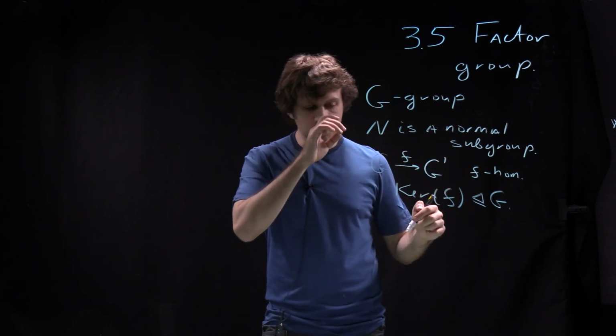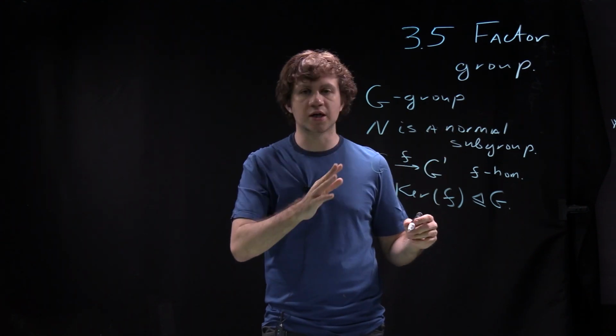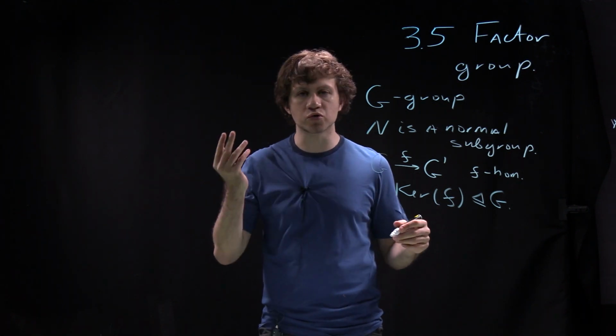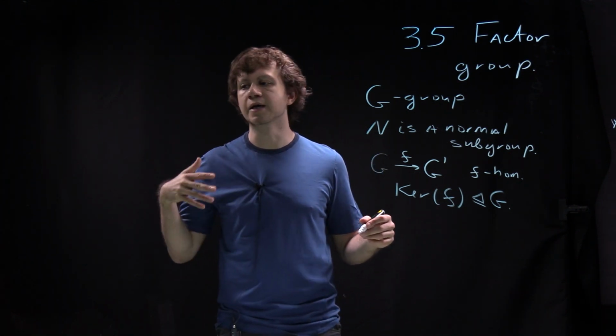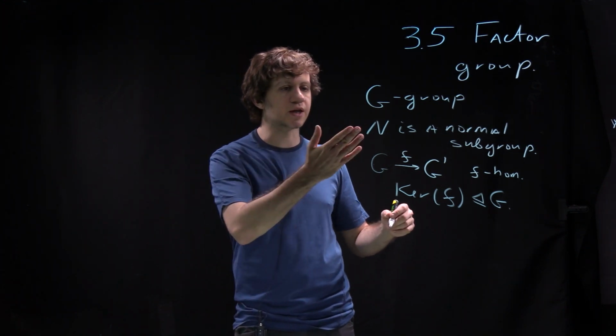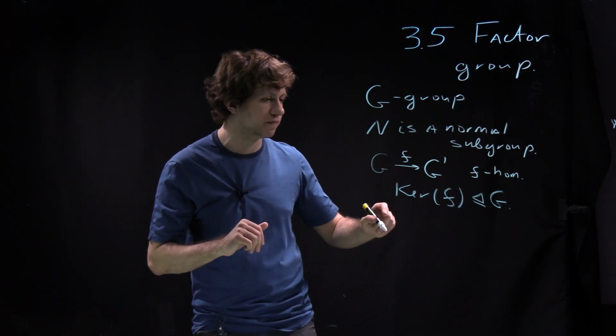So this is why they are so important, and this is why they appear all the time. So when we see groups coming from symmetries, normal subgroups will usually be groups which you can define by some geometric properties. You can give them kind of geometric description.